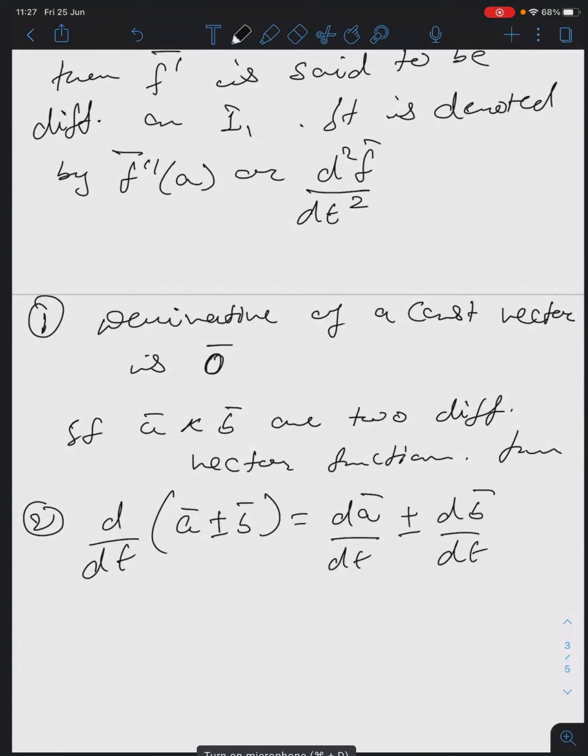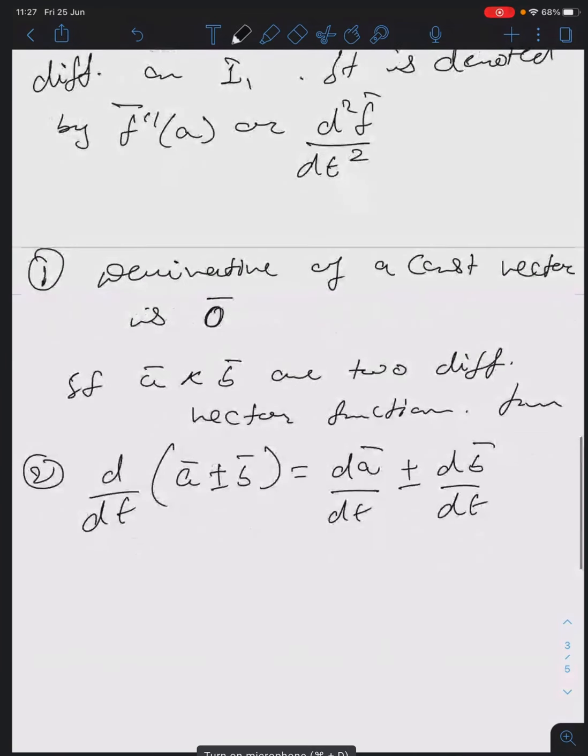Here A bar, B bar, we are not assuming to be constant. We have defined them to be two differentiable vectors. And if that happens, then A bar plus or minus B bar, its differentiation will be dA bar by dt plus or minus dB bar by dt. So is it not the same property you apply for real valued functions also? If instead of A bar, B bar, I write just A and B and mention them to be differentiable functions, you will get dA by dt plus dB by dt. Is it or not?